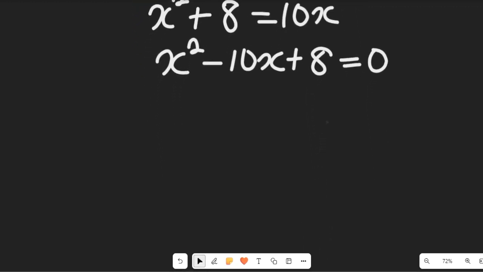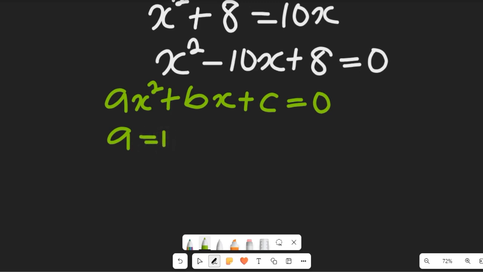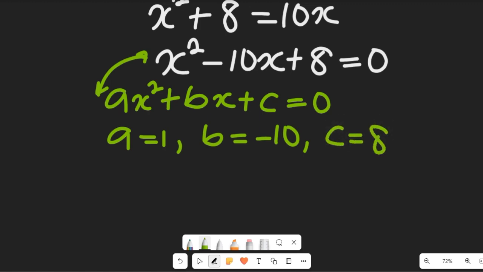Good. Now, having gotten to this point, I want us to compare this expression with ax squared plus bx plus c, and this is equal to 0. From this expression, you see that a is equal to 1 when you compare these two expressions, b is equal to negative 10, and c is equal to 8.